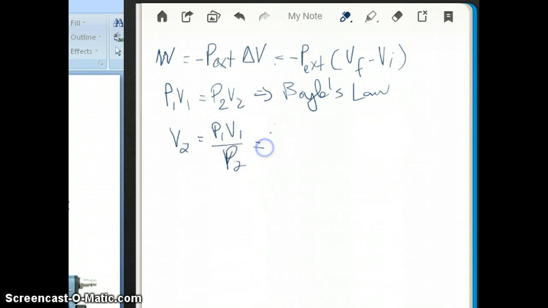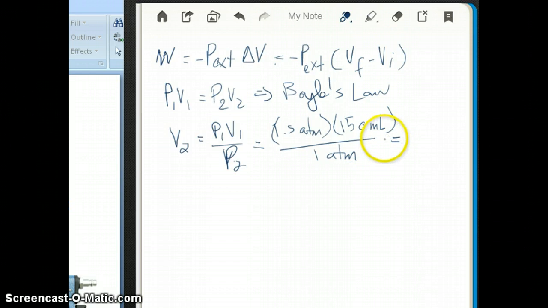If I plug in my numbers, I'm going to put in 1.5 atmosphere, my initial volume is 150 milliliters, and my final pressure is 1. So if I do this calculation, my final volume should be 0.225 liter. Having this number now allows me to calculate my work.